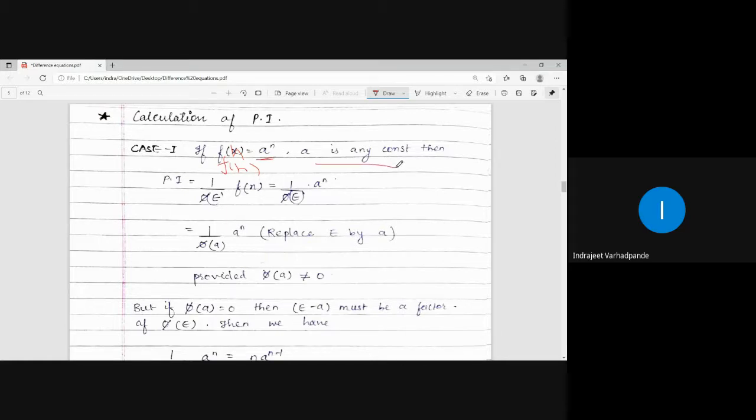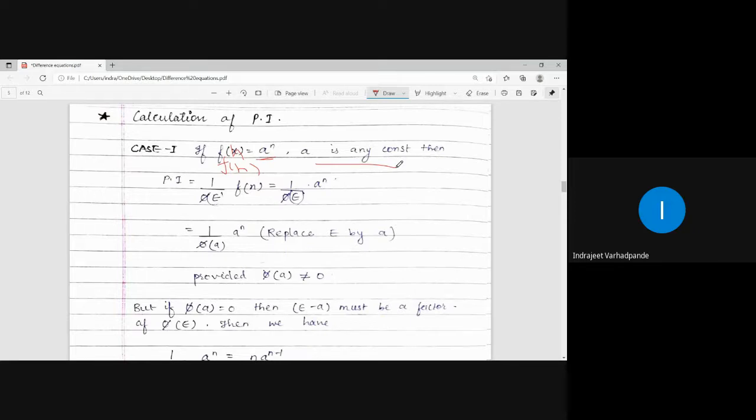If you compare this with the particular integral case for the RHS in a differential equation, we had the first case as e to the power ax, because a differential equation is usually applied to a continuous function. But I told you that a difference equation is applied for discrete analysis or a discrete system.